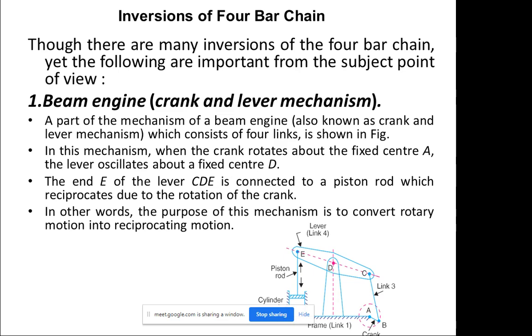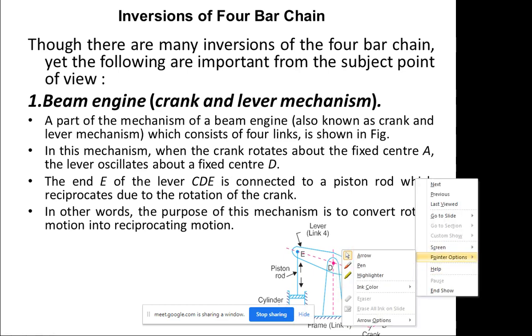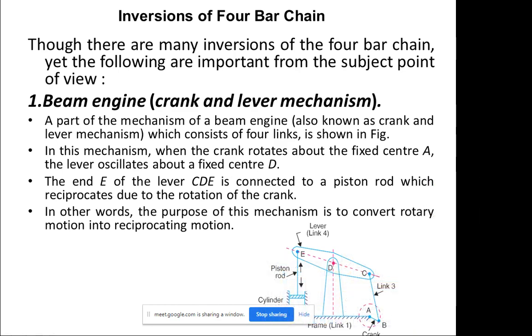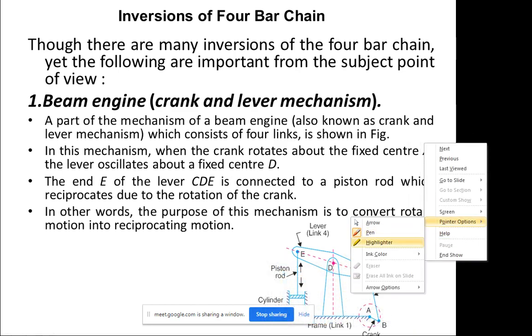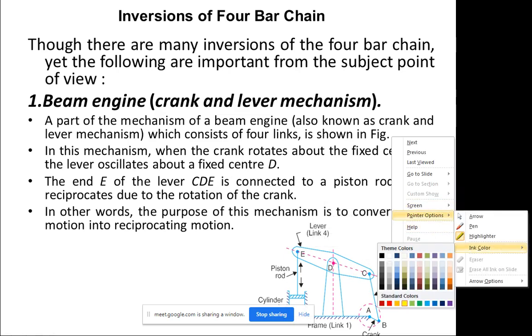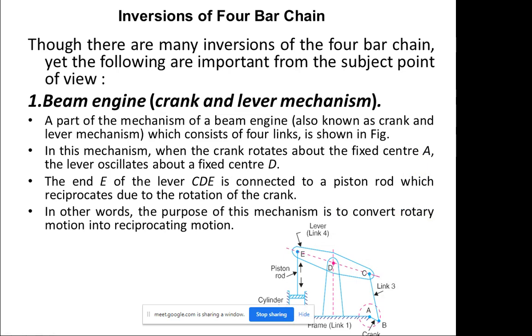When the crank rotates about the fixed center A, the lever oscillates about the fixed center D. So at the bottom you can see this is going to rotate. This is the AB, and this is going to rotate in this direction.